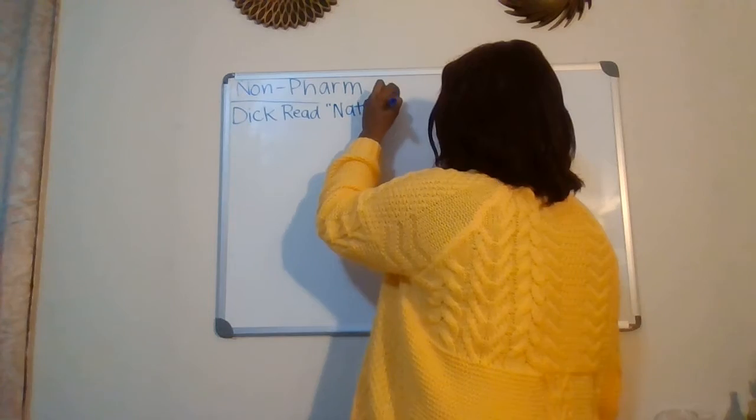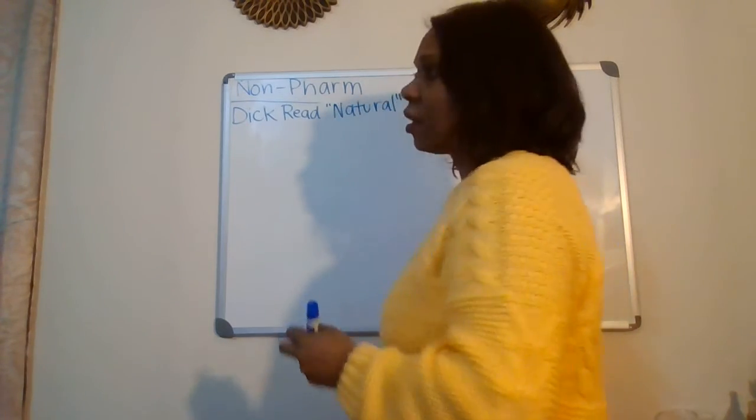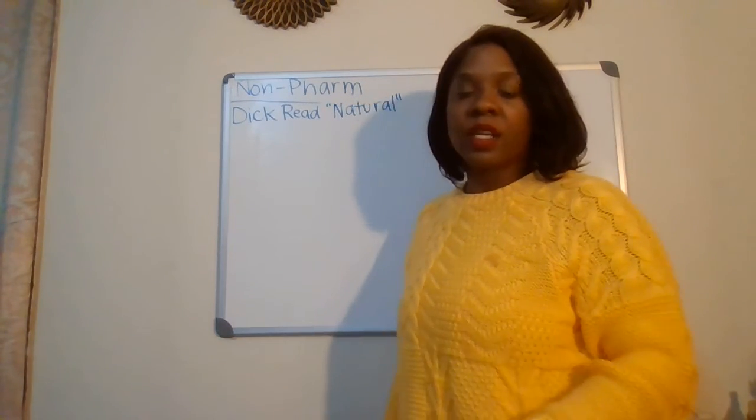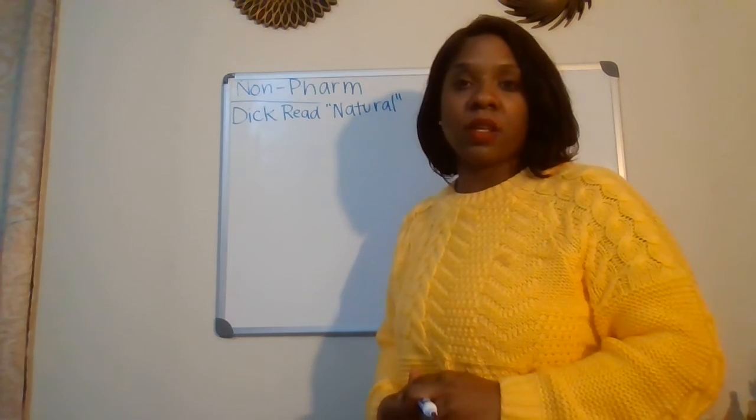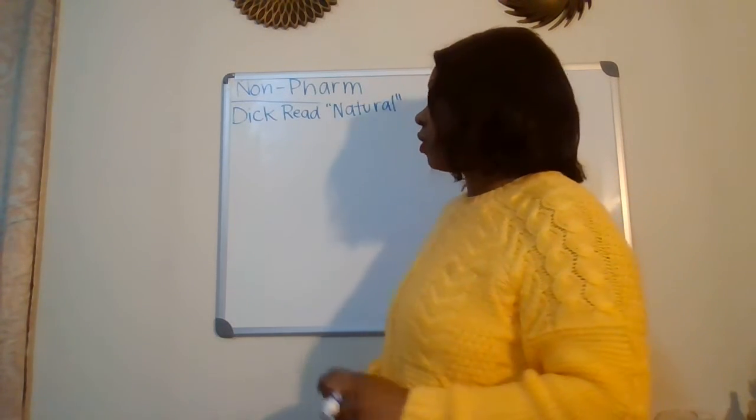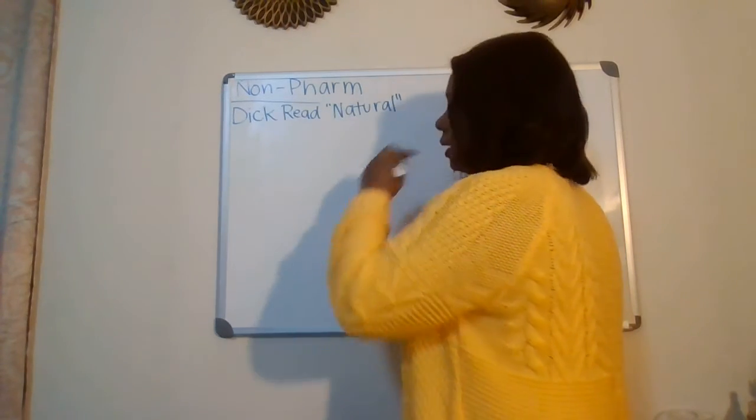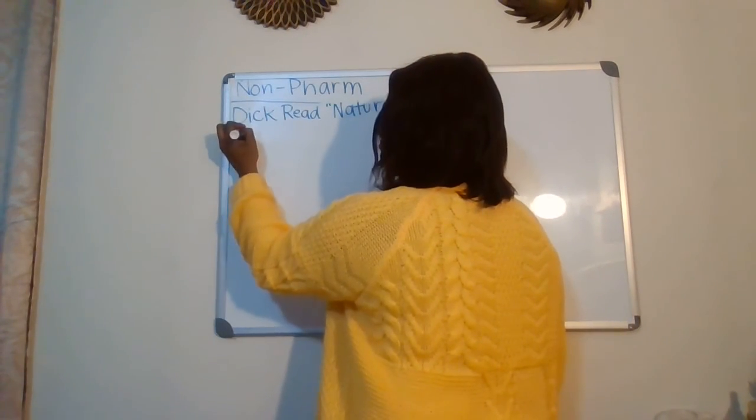If you educate yourself on these things and you want a good natural birth, Dick-Read says these are things the mom has control over. The first thing the mom has control over is her environment.